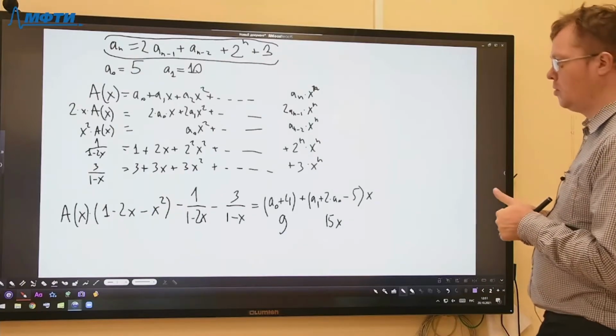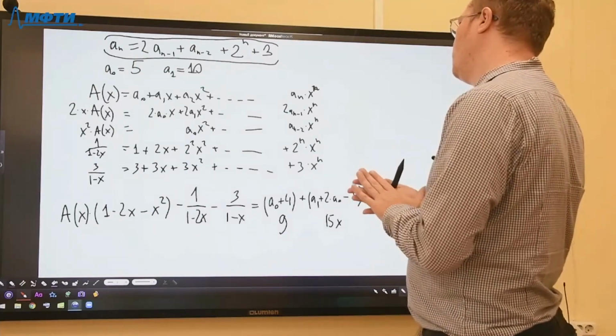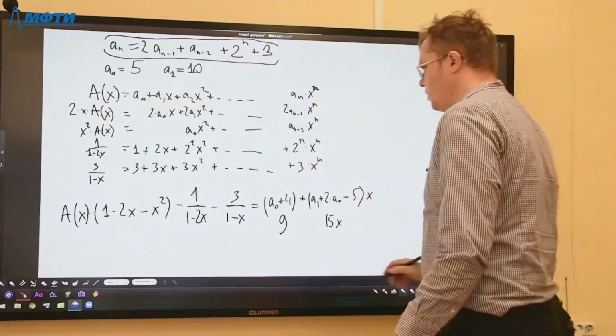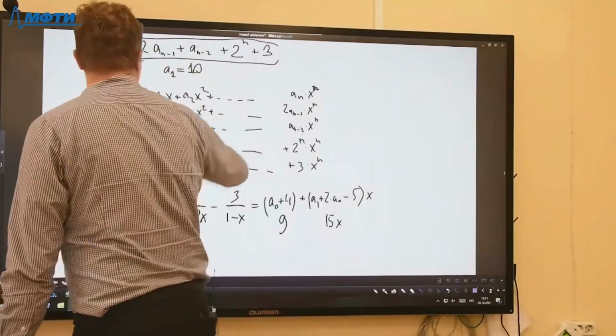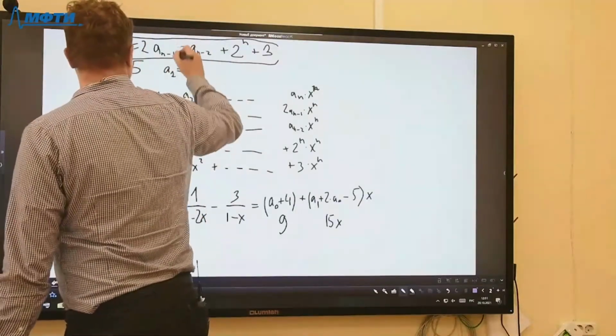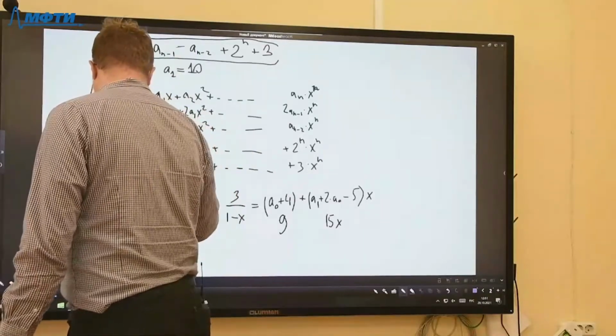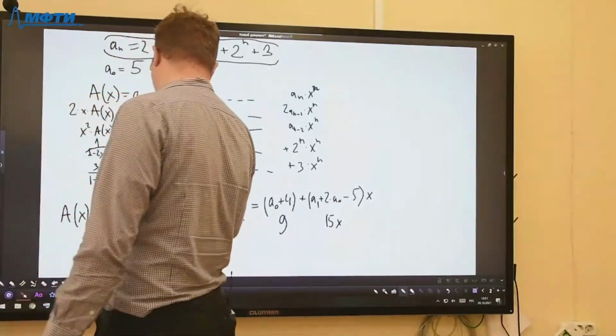Also, maybe we need to simplify the equation. Here, I should write the minus, so my characteristic polynomial will have good roots.